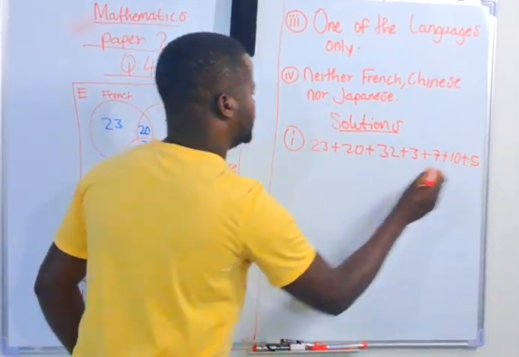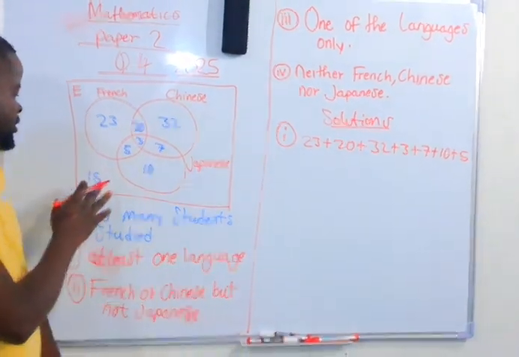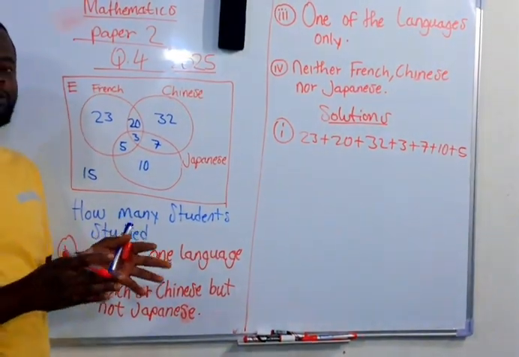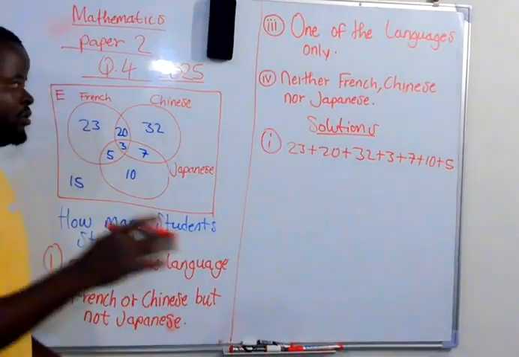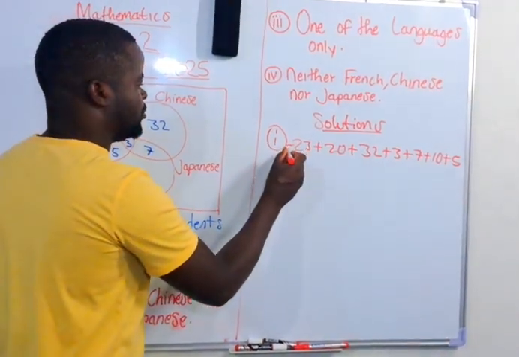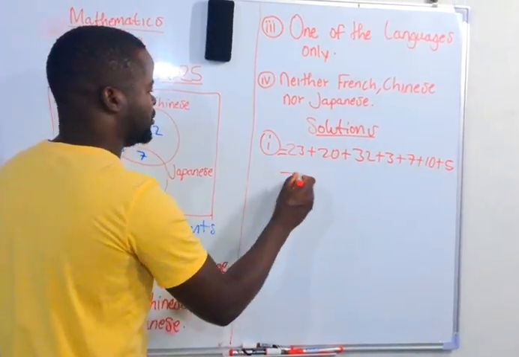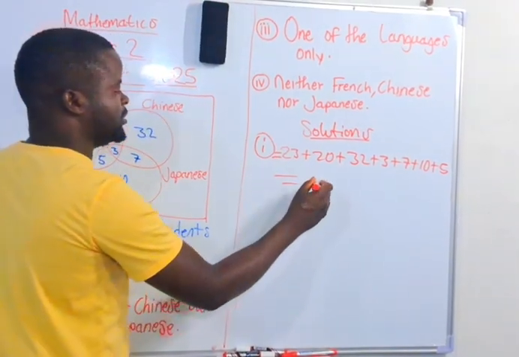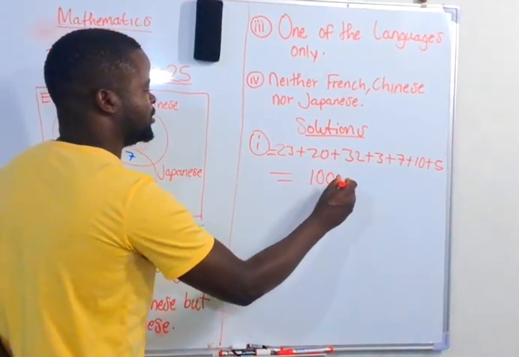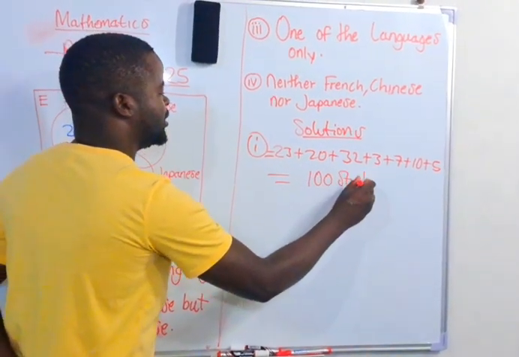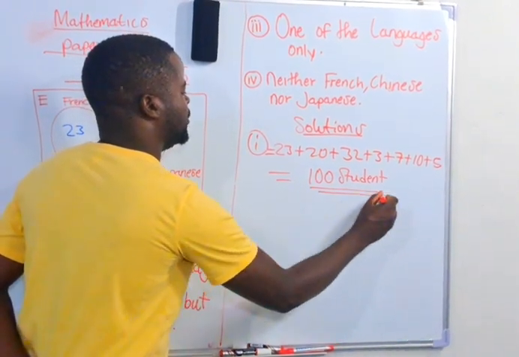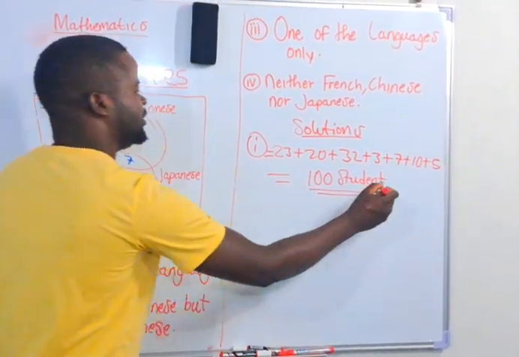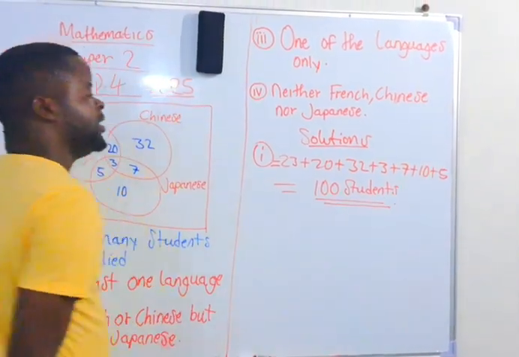We are not going to include 15 because this number represents students who are not studying any of the languages. When we add these numbers, the total is 100. 100 what? Students. 100 students at least studied one language.